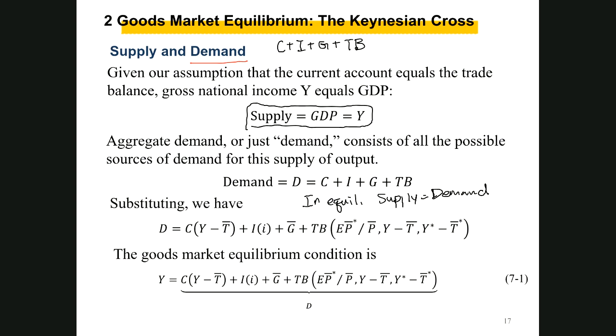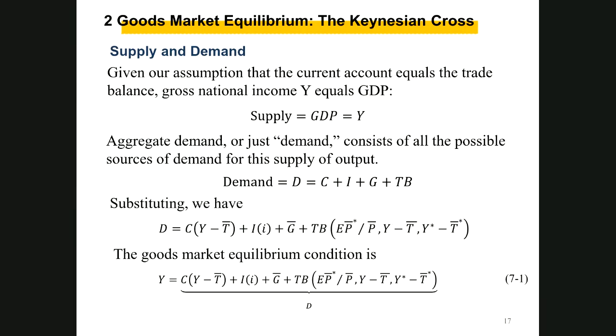Right, so Y is equal to C plus I plus G plus TB. Okay, so if you add all the factors we already discussed into the model, the equation looks like this. Demand is equal to consumption, investment, government spending, and trade balance.